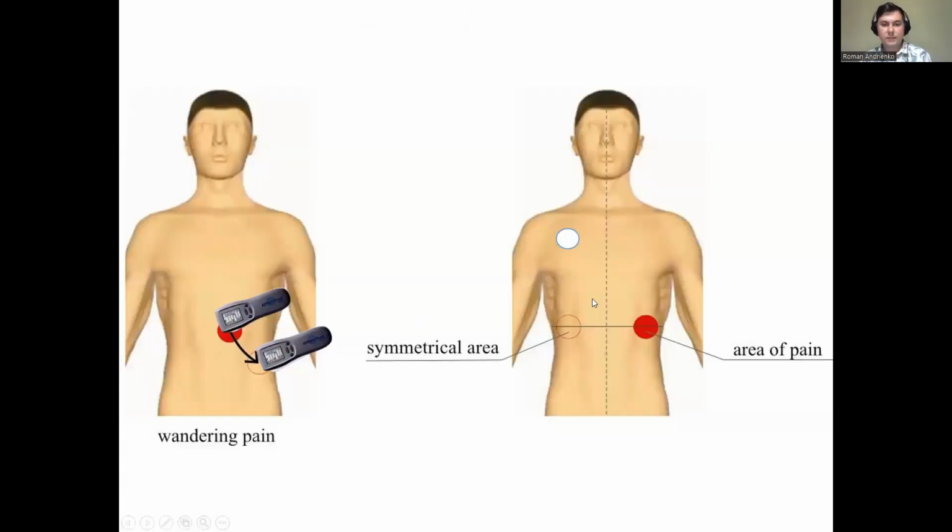For example, what is a symmetrical area? First, how do we find the symmetrical area? If our problematic zone is located within the 3 pathway zone, so it is in the center of the body, it cannot have the symmetry. This is the case when we treat with the presets that are designed especially for the 3 pathways zone.